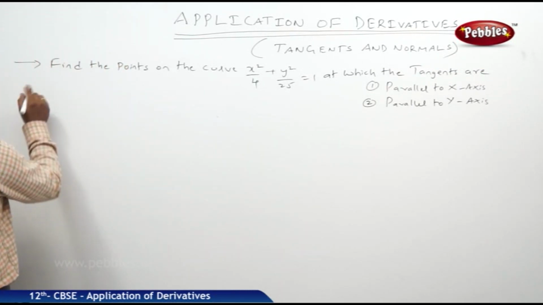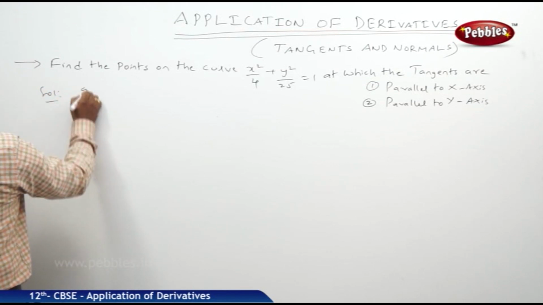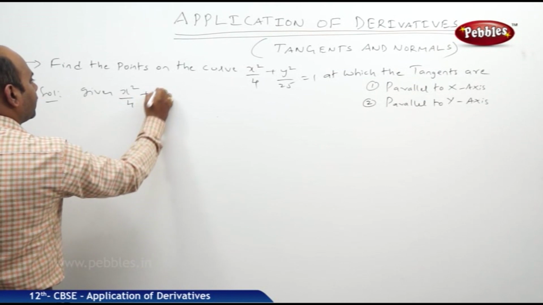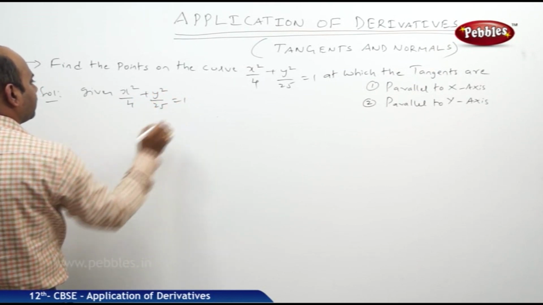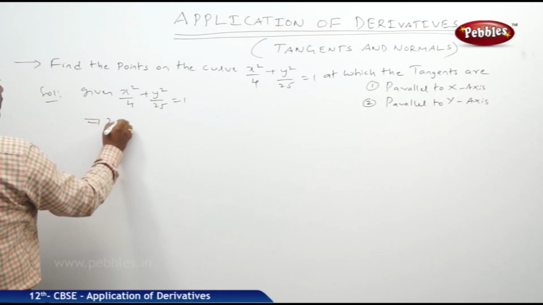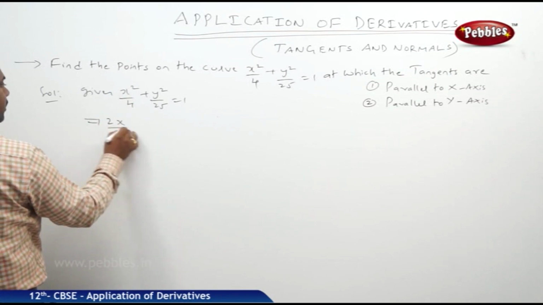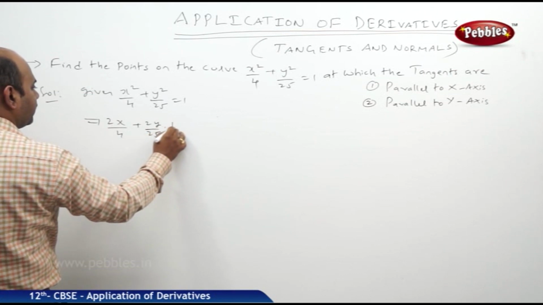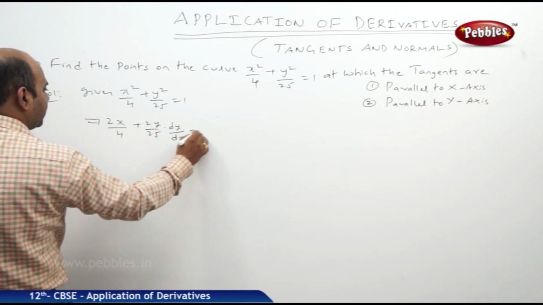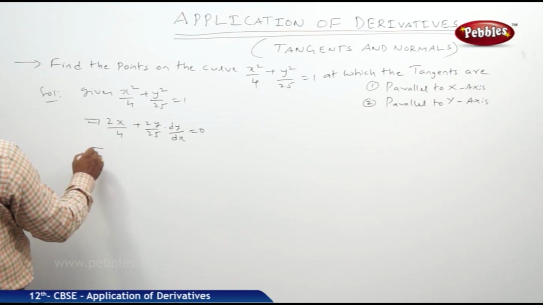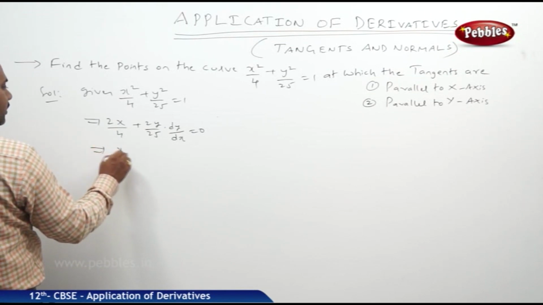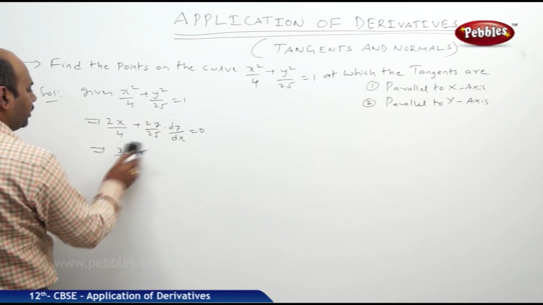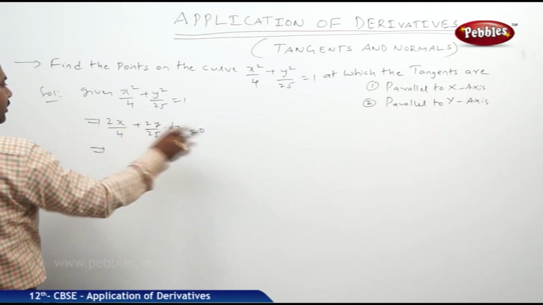Now how we will be doing: given x square by 4 plus y square by 25 equal to 1, I want to find the derivative. X square derivative 2x by 4 plus 2y by 25 into dy by dx equal to 0. So what happens finally, I will just eliminate 2.